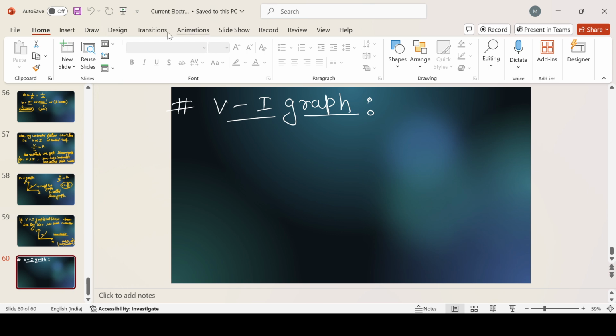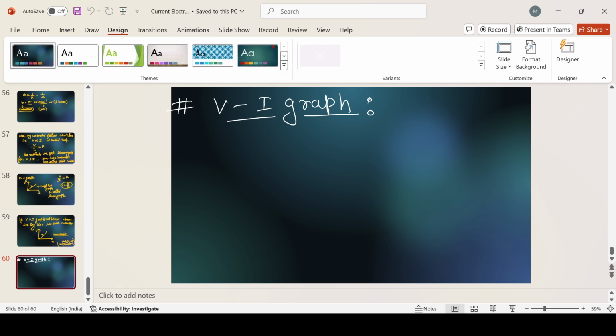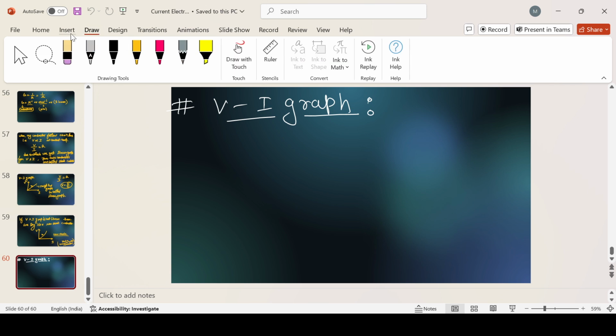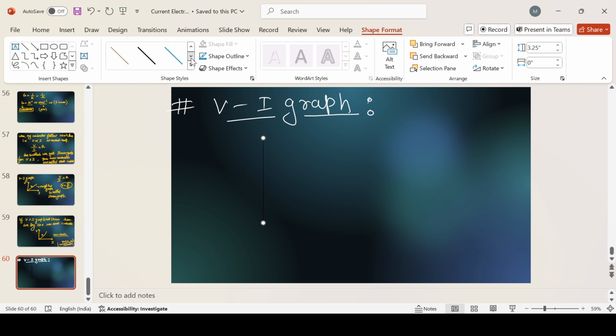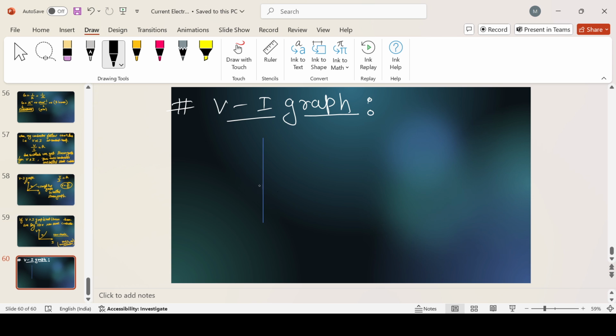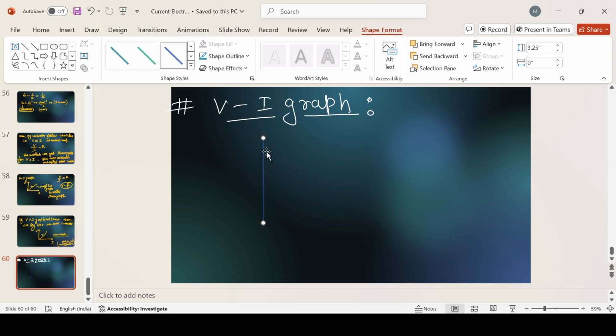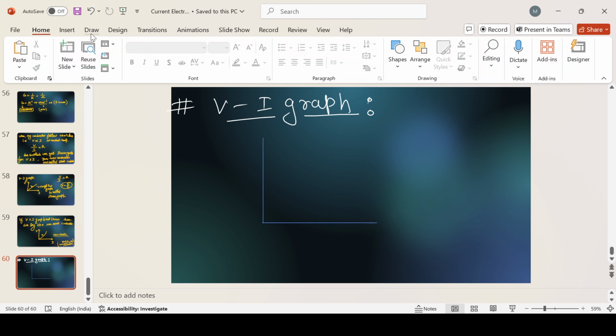So in the VI graph we have two things. Okay, so now we are having the VI graph.